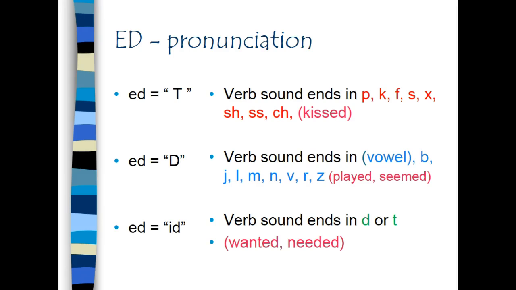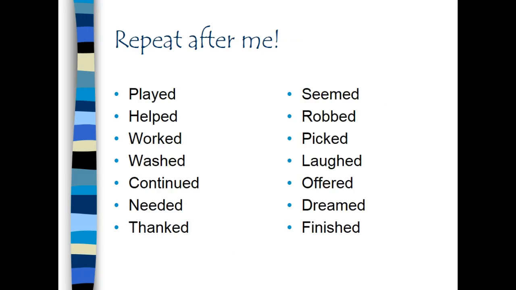If your verb sound ends like a vowel, or B, J, L, M, N, V, R, or Z, then the ed is pronounced like a D. Played, seemed. If your verb sound ends in a D or a T, then we pronounce an extra syllable of id. Wanted, needed.